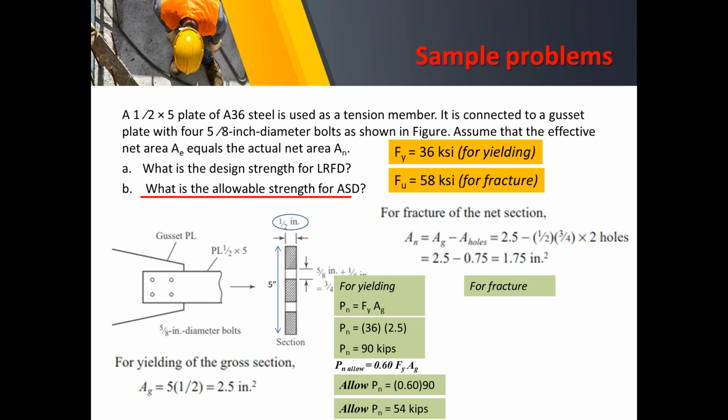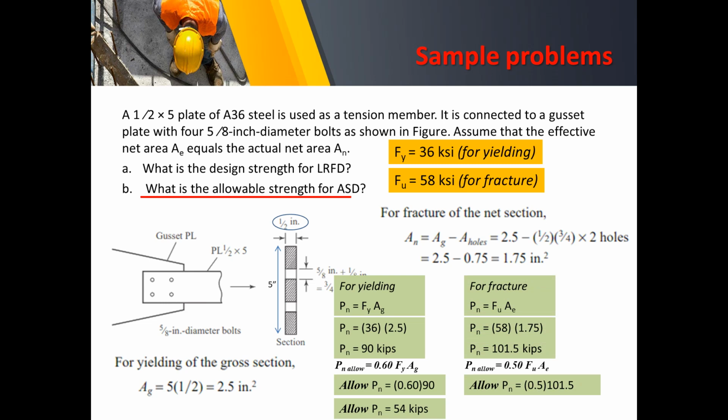For fracture, we do the same calculation as for P_n in LRFD. 58 times 1.75, that is 101.5 kips. We just have to multiply that by 0.5 for fracture in ASD. So we come up with the allowable P_n, 50% of 101.5, that is 50.75 kips.